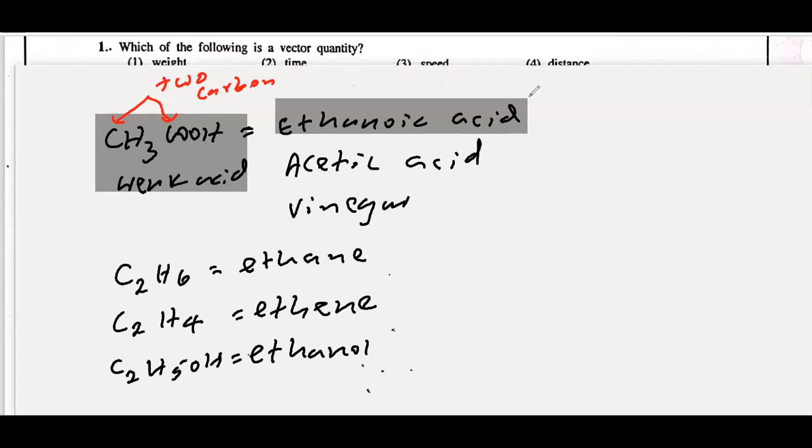Or I'll give one more example. CH3CHO, this is called ethanal or acetaldehyde. Ethanoic acid. You can see eth. Ethane, ethene, ethanol, ethanoic acid.